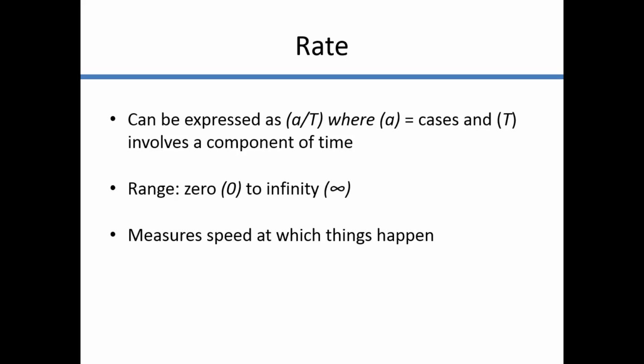So here's some fancy footwork. This can be expressed as A over T, where A is the cases, new cases, always new cases, and T is a component of time. And this range is not a percent. It's not 0 to 1. It's 0 to infinity. It measures the speed at which things happen.